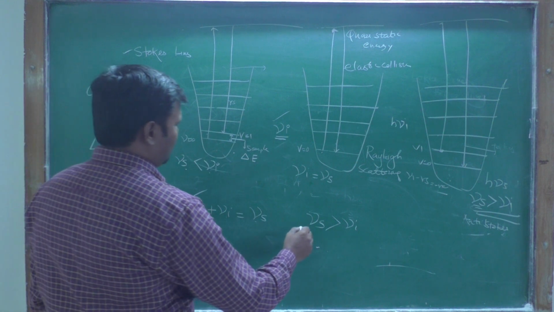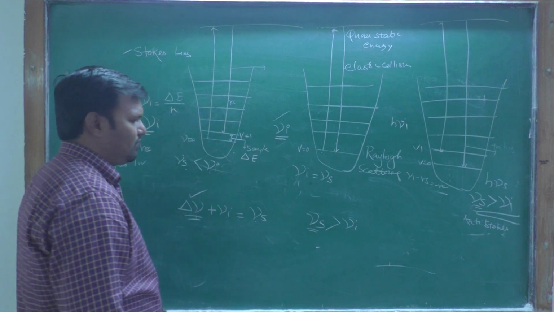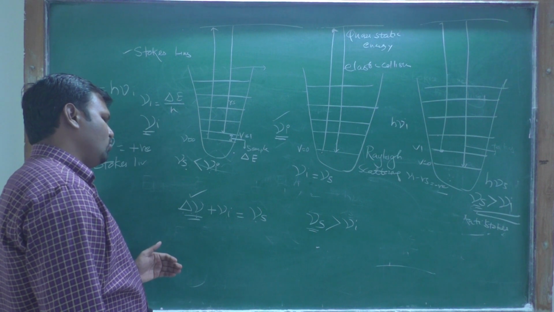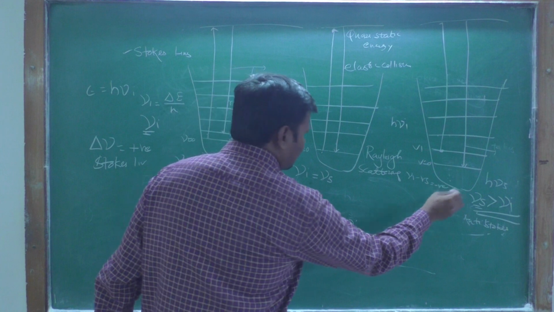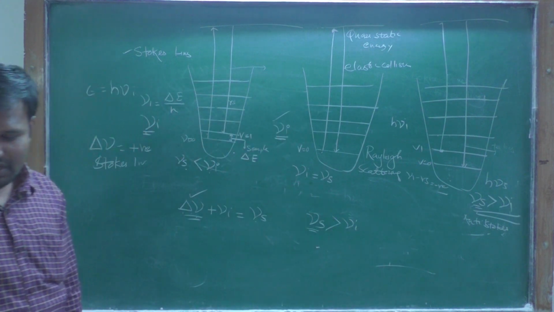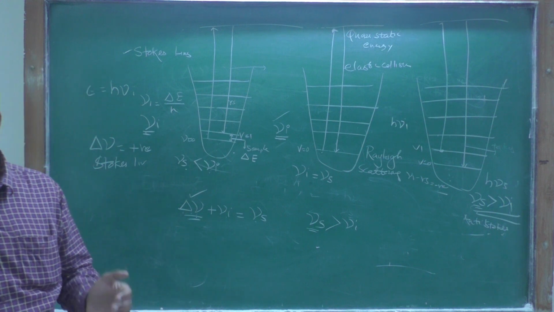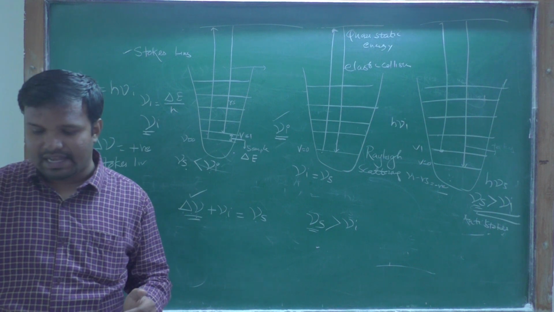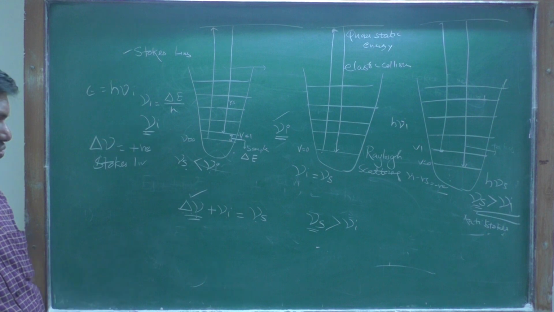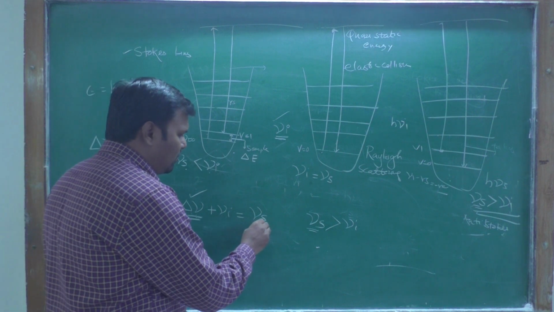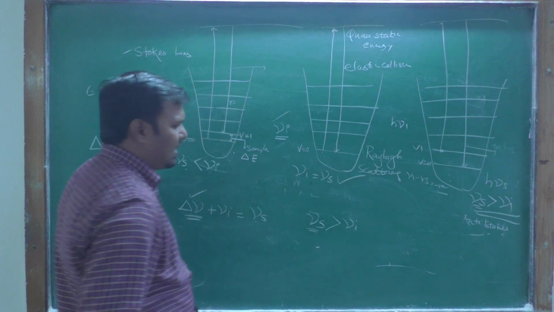Such a situation, where the scattered frequency is higher than mu I, is called the anti-Stokes lines. When delta mu is positive, that line is called anti-Stokes. If delta mu is 0, then mu I is equal to mu S, that is Rayleigh scattering.